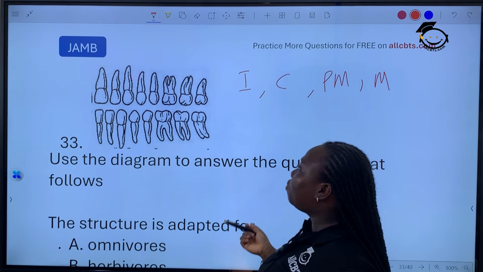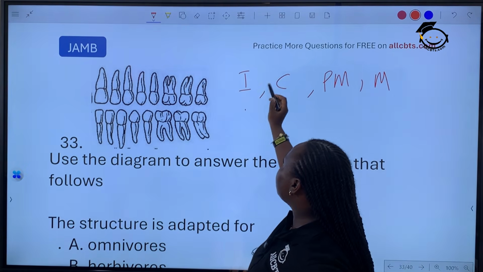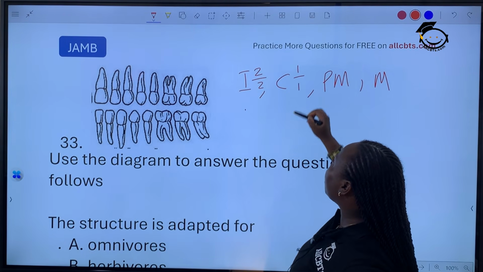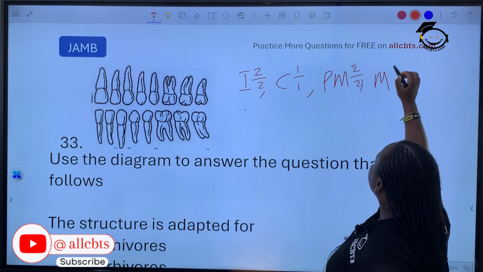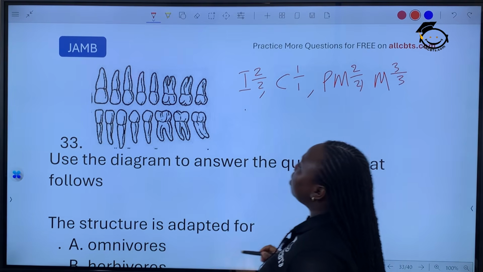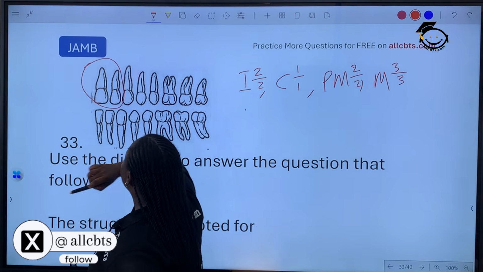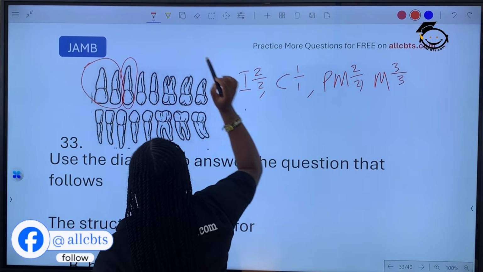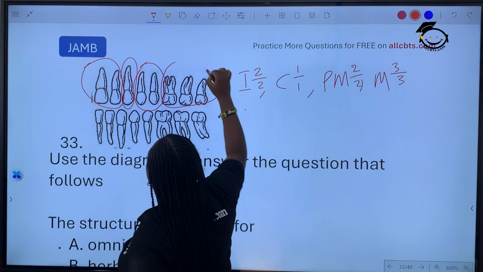This looks like an omnivore because the dentition of omnivore is incisors 2/2, canine 1/1, premolar 2/2, molars 3/3, as you can see here. So these are the incisors, this is the canine, this is the premolar, and this is the molars.